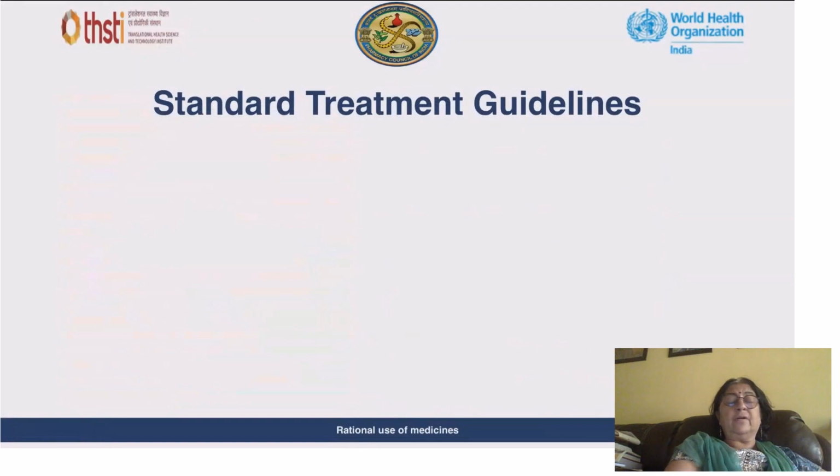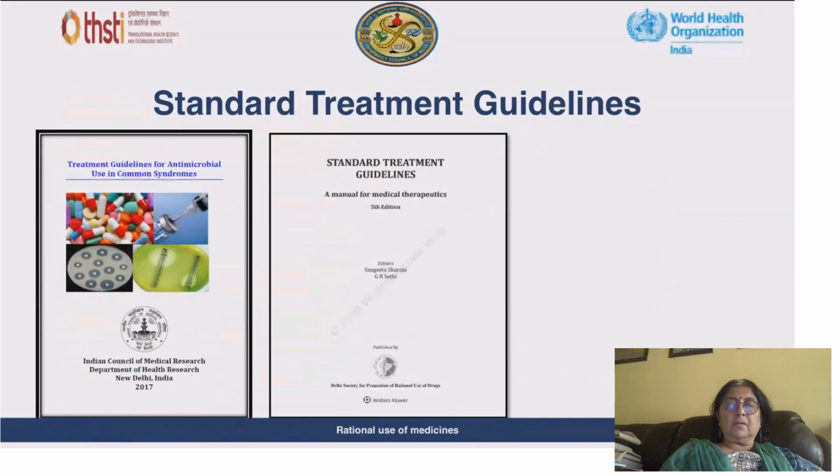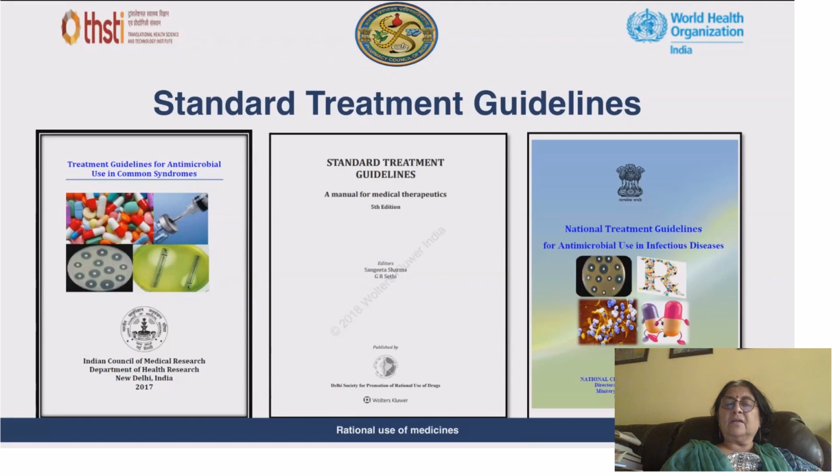We come to the next strategy for rational drug use, and that is standard treatment guidelines. And there are many states of our country which have got standard treatment guidelines. Take, for example, the ICMR's guidelines. You have from Delhi, DISPRUD, and you have the National Center for Disease Control.